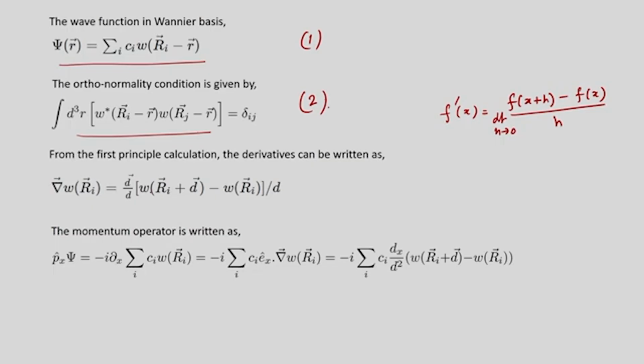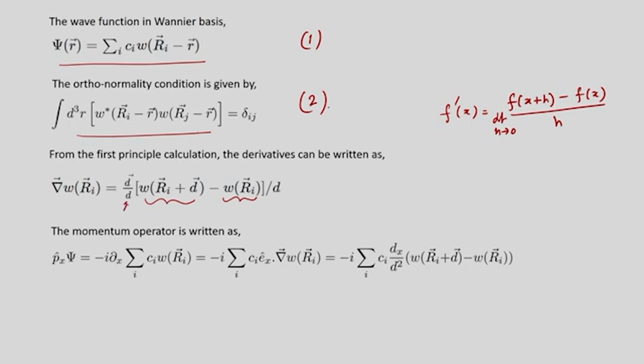So there are these Wannier functions which are written at the R_i plus d site, where d is the nearest neighbor site, and we subtract the Wannier function at the ith site. Because it is a gradient, it should have a direction.